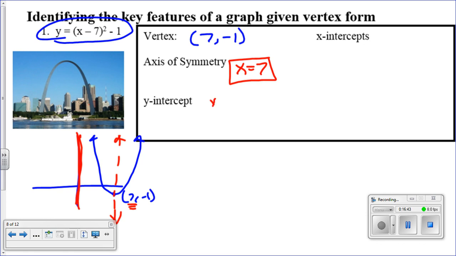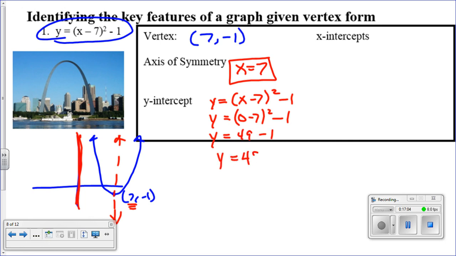So I'm going to take my equation and I'm going to put 0 in for x. So that's going to be 0 minus 7, whole thing squared, minus 1. Might be able to do this in your head. So this is going to be what? Negative 7? Negative 7 squared is 49, minus 1. So your y-intercept is actually 48.